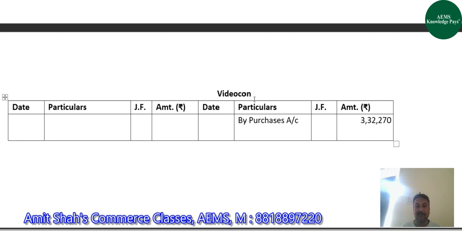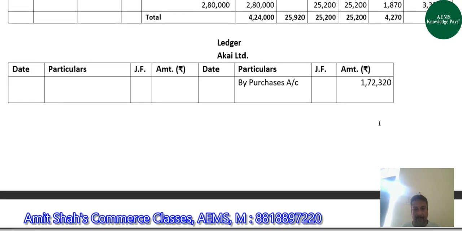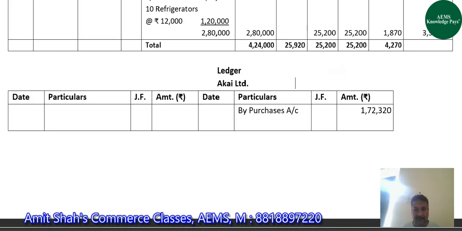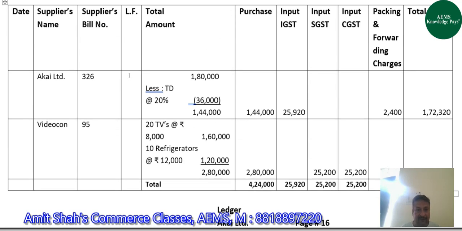Now let's say the page number of Videocon is 23 and of Akai Limited is 16. Then in the LF column here, 16 would be written and here 23 would be written. Am I clear?